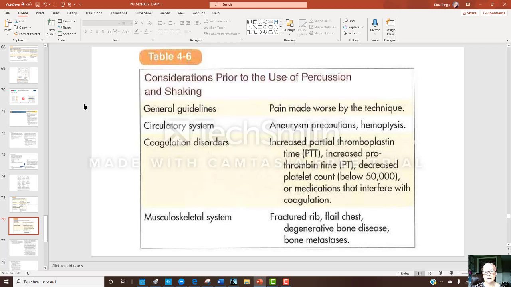Circulatory system: aneurysm precautions, hemolysis, coagulation disorders such as increased partial thromboplastin time (PTT), increased prothrombin time (PT), decreased platelet count below 50,000, or medications that interfere with coagulation. Musculoskeletal system: fractured rib, flail chest, degenerative bone disease, and bone metastasis.